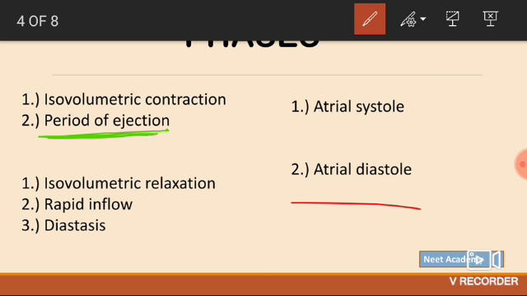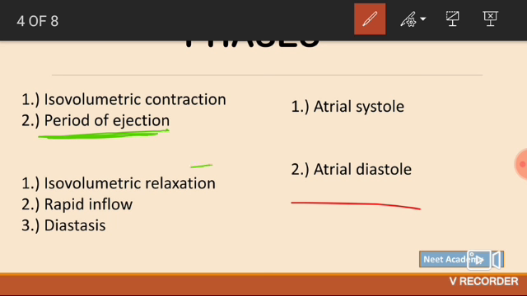Due to this pressure build up, the semilunar valves open, and there is the period of ejection during which the blood flows from the left ventricle or the right ventricle towards the body or the lungs, depending upon which side it is. So the period of ejection is when the semilunar valves are open and the cuspid valves are closed.